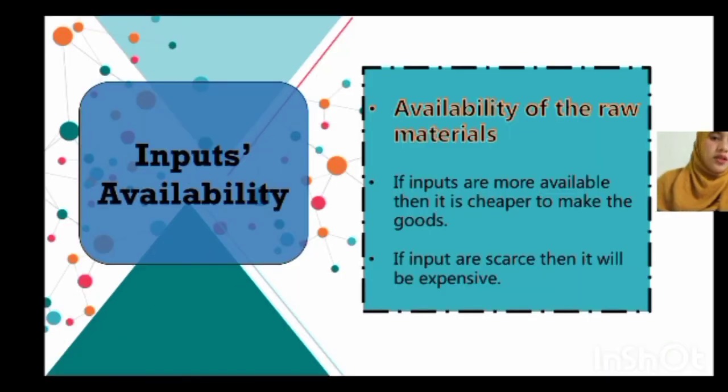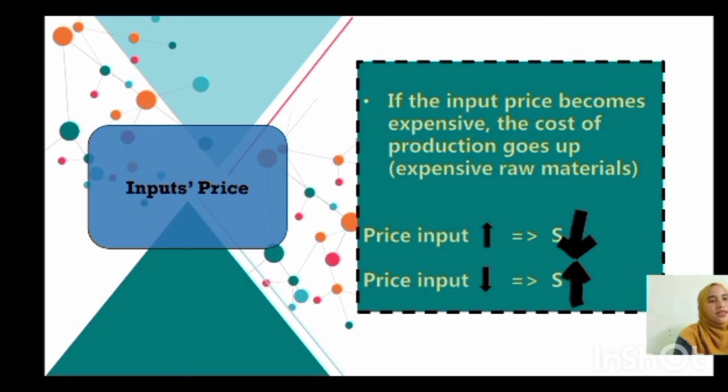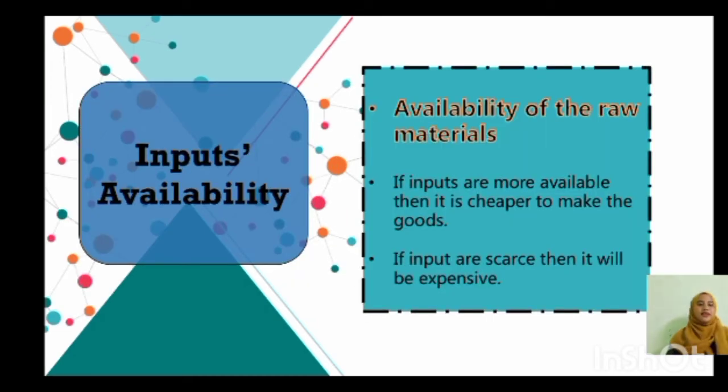So the next one, we have the second factor of the inputs. The first one is the price, and the second one is the availability of the inputs. If the raw materials are available, what will happen?